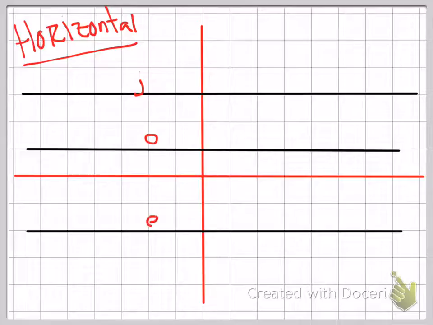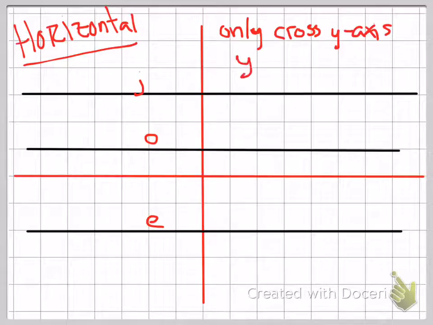Line J, line O, and line E. Therefore, the equation of a horizontal is going to be y equals. Because the horizontal can only touch the y-axis. Since it doesn't have an x, it's got to be parallel to the x-axis. And since the x-axis goes across the graph, all lines that don't touch the x will go across the graph.